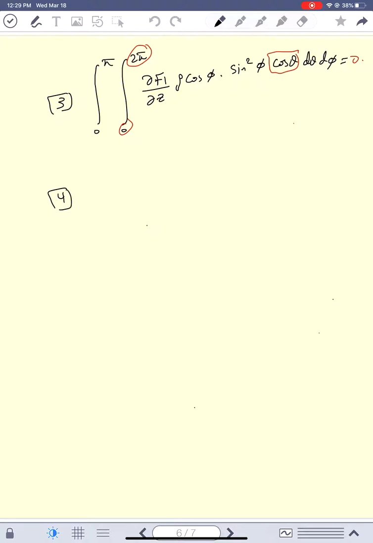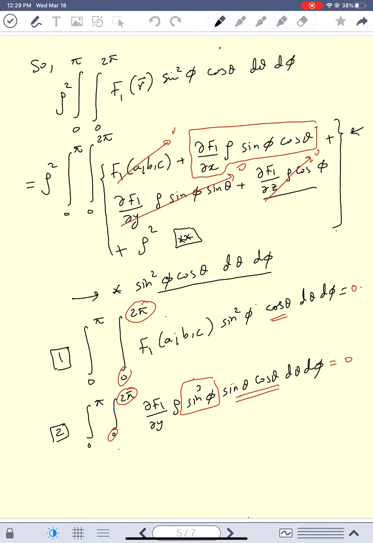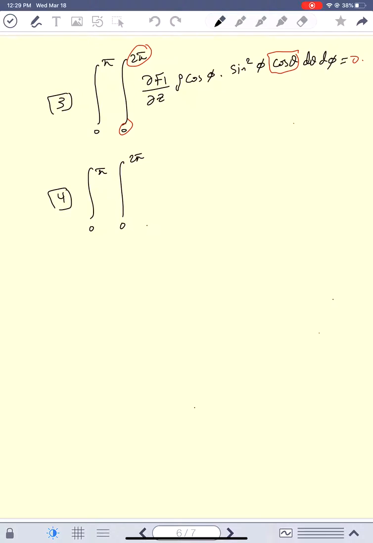So I want now to compute the integral from 0 to pi, from 0 to 2 pi, of what? The derivative with respect to x, times rho sine phi cosine theta, again multiplied, if you expand the bracket, with sine square phi cosine theta d phi.